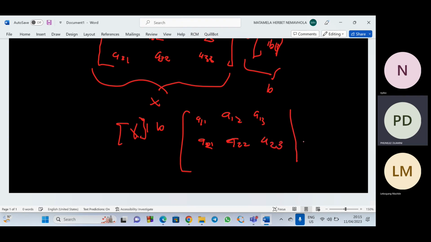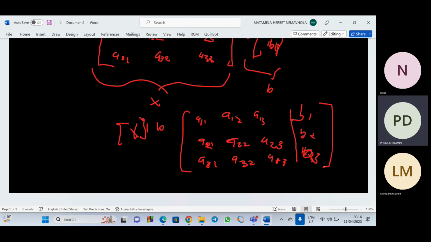Then you write a line with B1, B2, and B3, and A31, A32, and A33. So this is a reduced way.